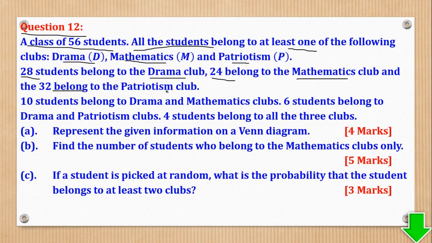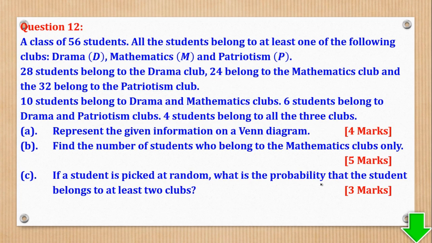And 32 belong to patriotism. 10 students belong to drama and mathematics club. 6 belong to drama and patriotism. 4 belong to all the 3 clubs. So part A, represent the given information on a Venn diagram.